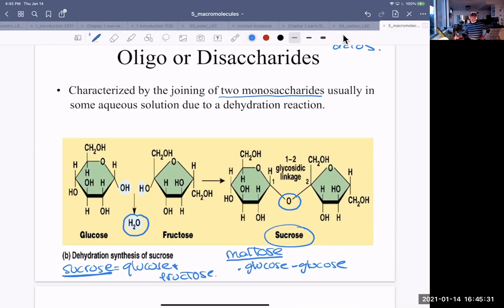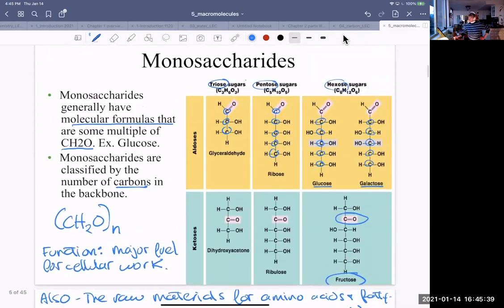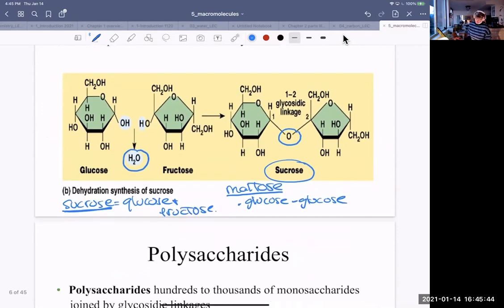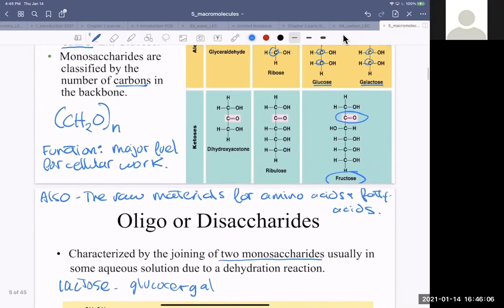And what is the other one? I forget. There's one more. Sucrose, maltose, lactose. Lactose, that's the other one, which is a glucose and a galactose.